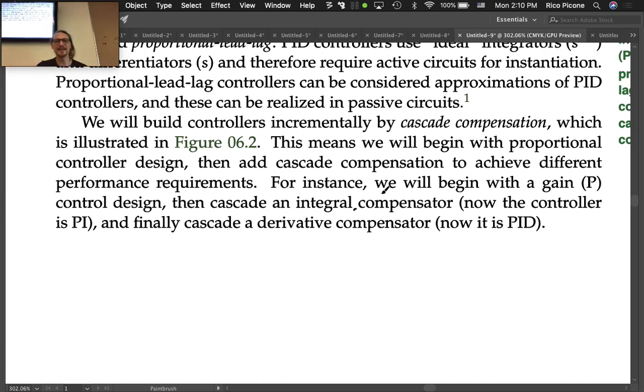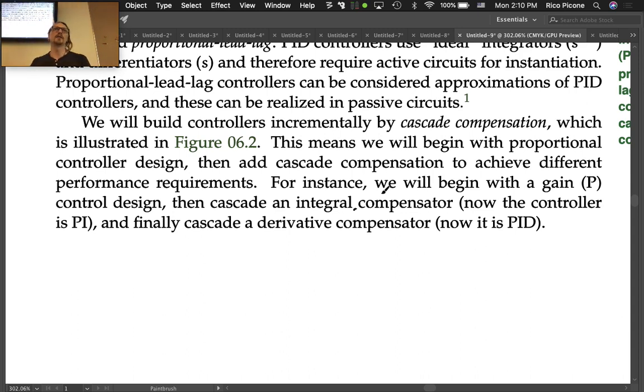Okay, so this means that we're going to do P control, and then say if we need it, integral compensation, and then if we need it, derivative compensation. Okay, and those compensators will allow us to do a couple things. The integral, as we'll see in a moment, will allow us to give ourselves a better steady state error situation, and the derivative will allow us to move that root locus around as we desire.